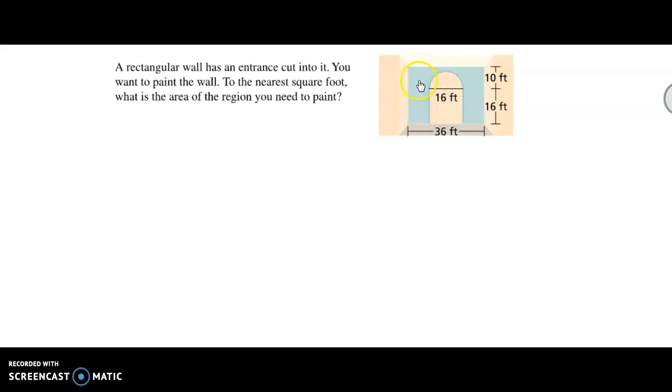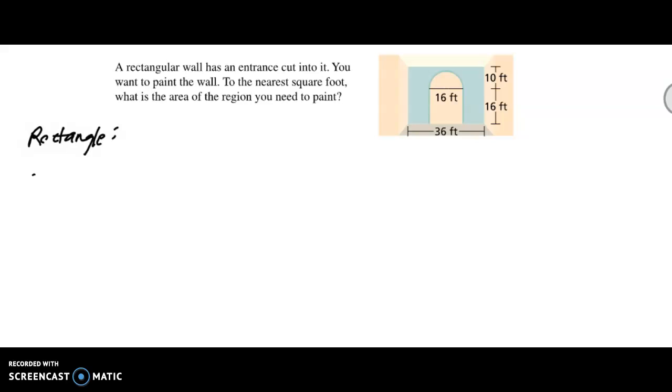Well, first, let's make a plan. We can find the area of the blue region from the whole rectangle. So let's write down the area of the rectangle.